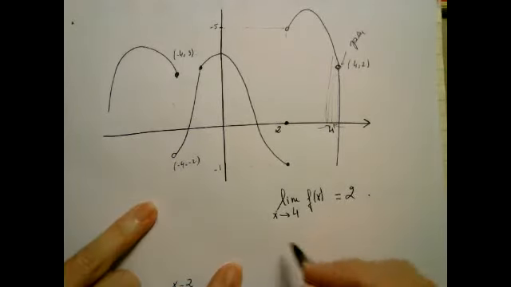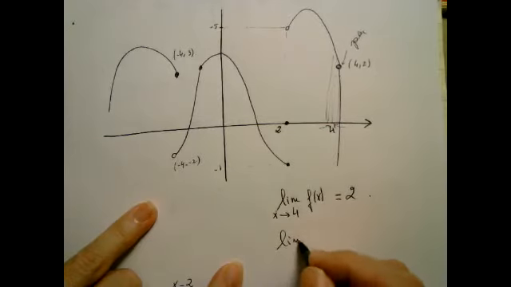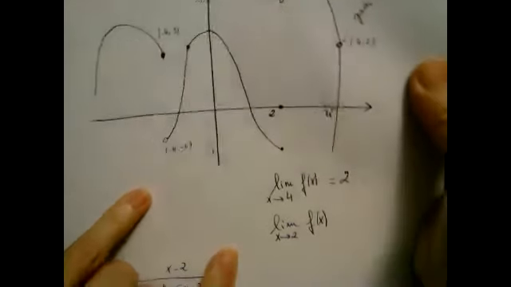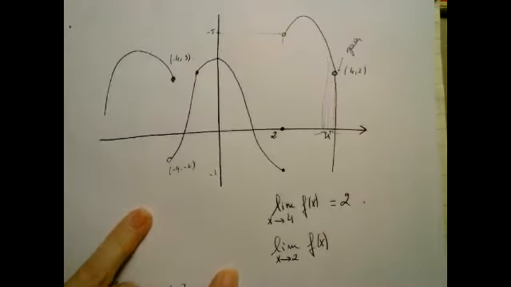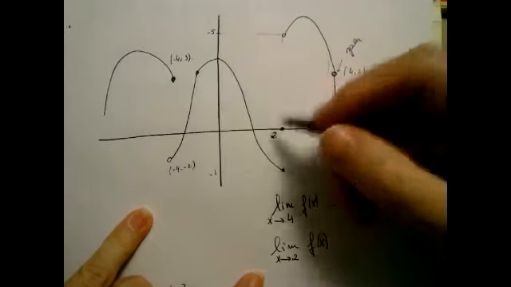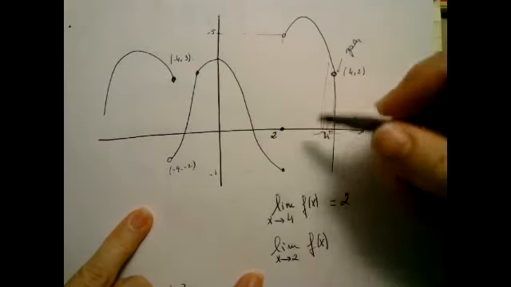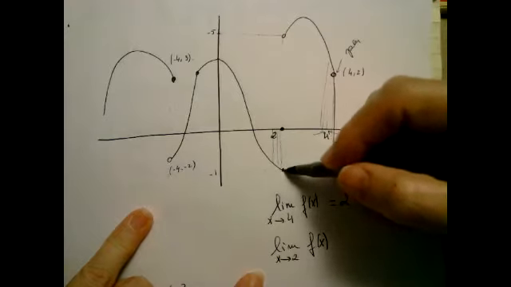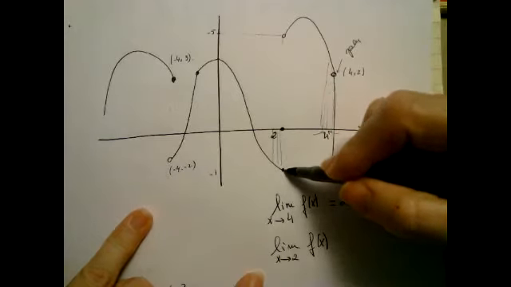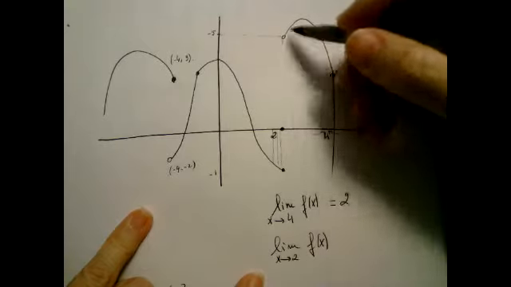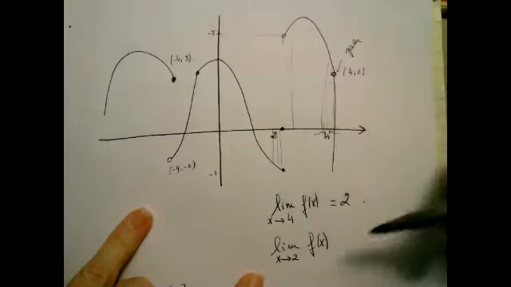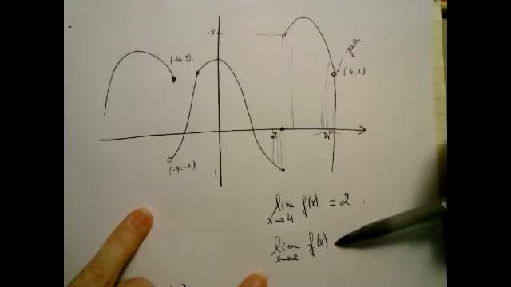Now, another question you had some difficulty with is the limit as x becomes close to 2 of f of x. For the limit, let's see what's happening at 2. The value at 2 is -1. From the left, the outputs are becoming close to -1. And from the right, the output is getting close to -5. In this case, we say that the limit does not exist.